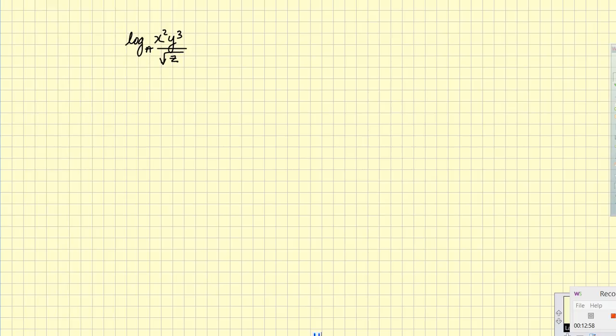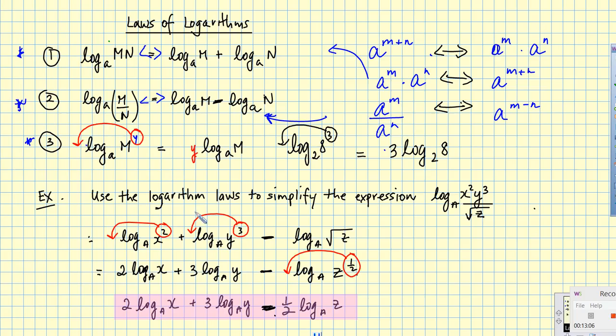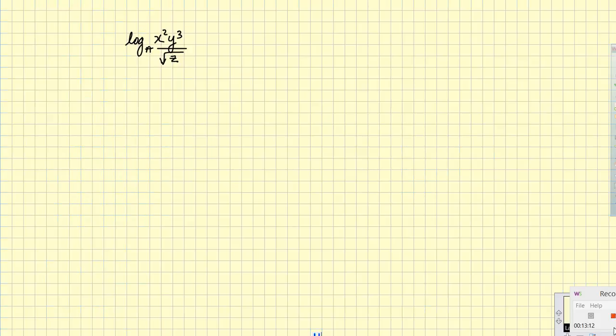Okay, so we've got log base a of x squared y cubed over root z. Now the question is saying to use the logarithm laws to simplify the expression. So if I am simplifying the expression, you understand that all of this, the x squared y cubed over root z, is all in parentheses basically, and everything is a log base a.